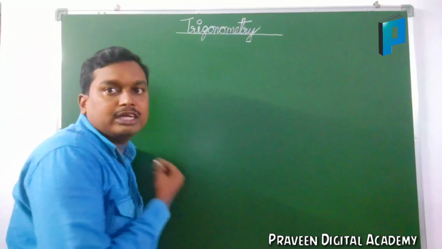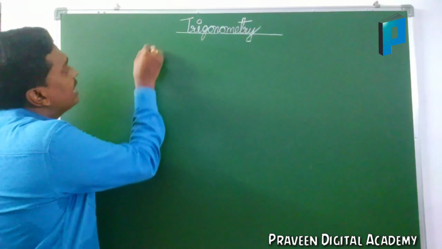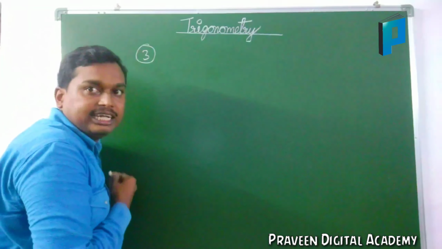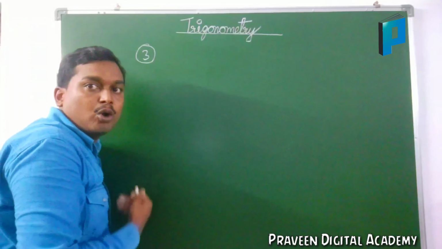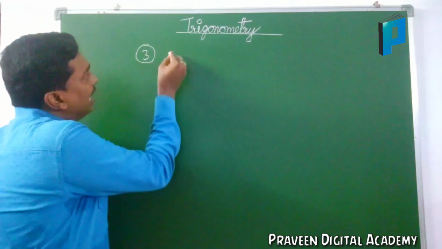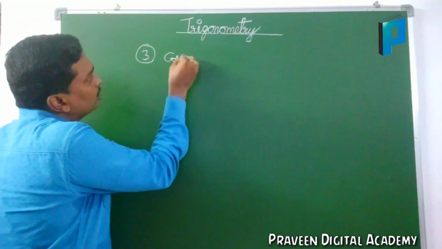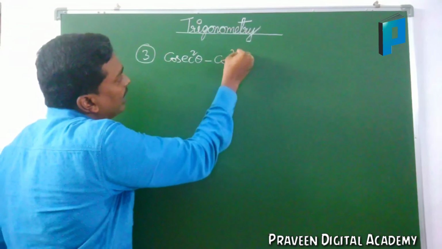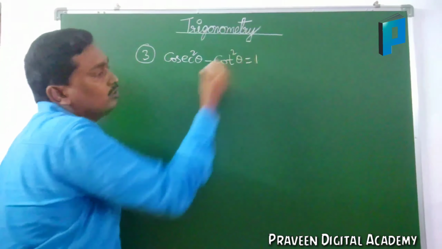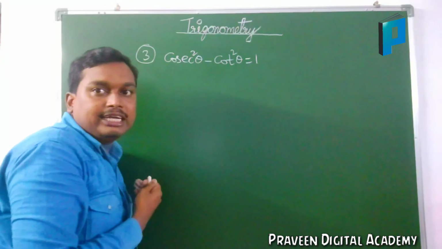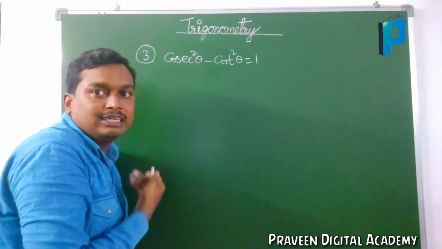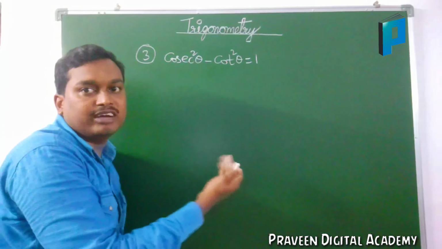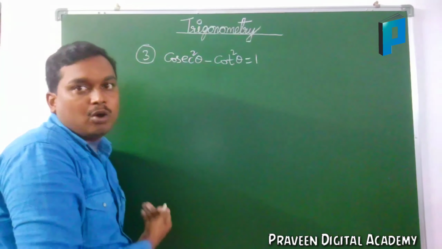Now let us go for the third identity. This third identity is a relation between cosec and cot. And the relation is cosec square theta minus cot square theta is equal to 1. This identity is similar to secant square theta minus tan square theta is equal to 1 only.